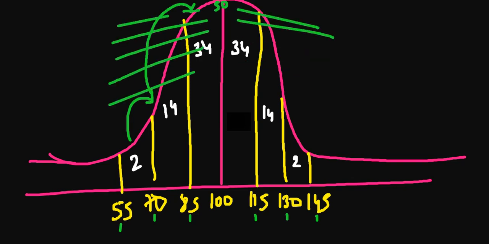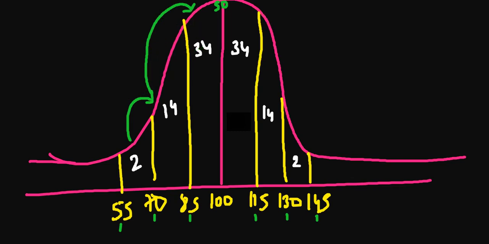Now if I add 50 plus 34, I get 84. So the person with 84 percentile rank will be over here. Fair enough. I have just simply added what I have been told and I am done with the question. I have got the answer.